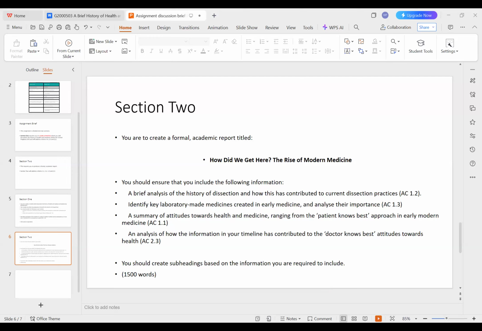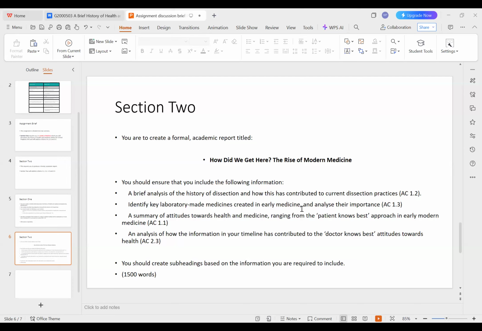Okay, so that's about this assignment, section 1 and section 2. Section 1 is a timeline, and section 2 is a brief analysis of the history of dissection, key laboratory-made medicines that contributed to early modern medicine, and a summary of attitudes towards health and medicine.